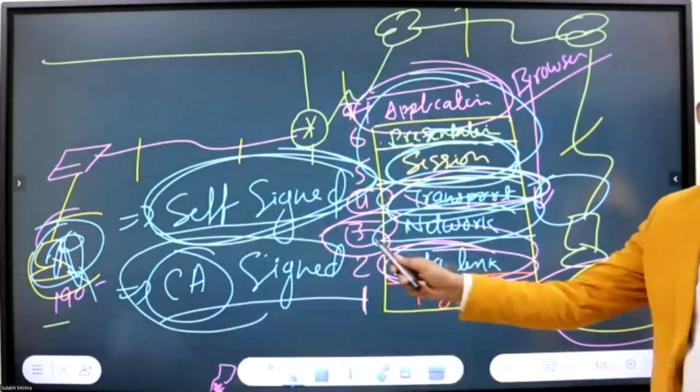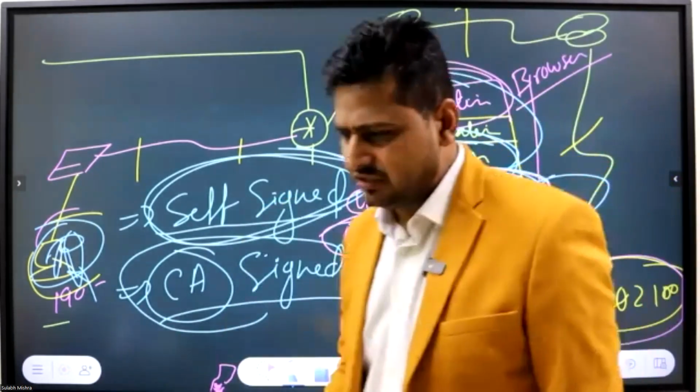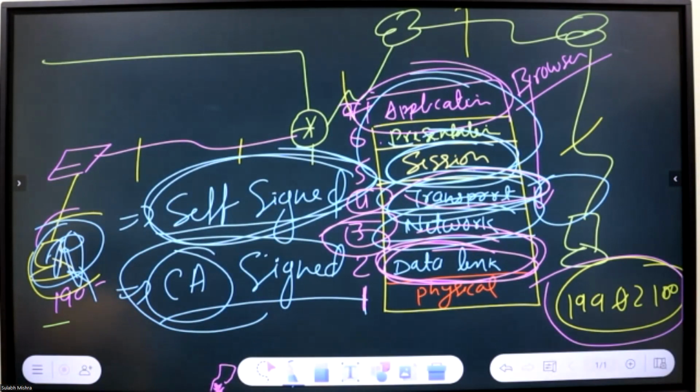Switch and hubs come under layer number 2.